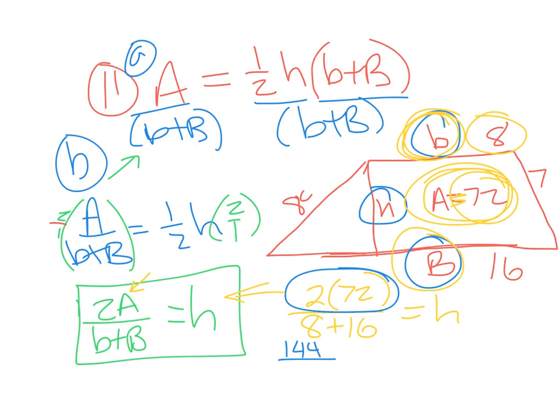What's 16 plus 8? That's 24. Now what's 144 divided by 24? 6. So h equals 6.